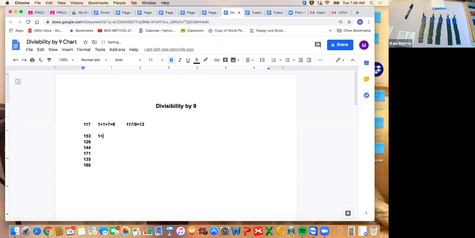Let's add the digits again. 1 plus 5 plus 3 is equal to 9. If I divide 153 by 9, go back to my calculator, 153 divided by 9 is equal to 17, no remainder.